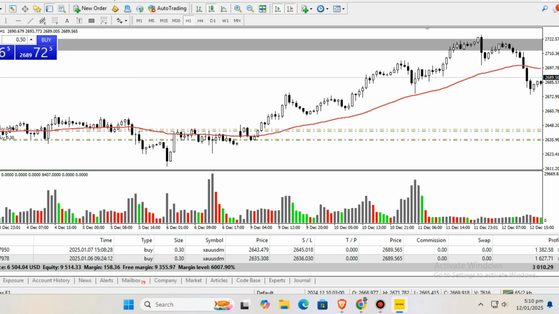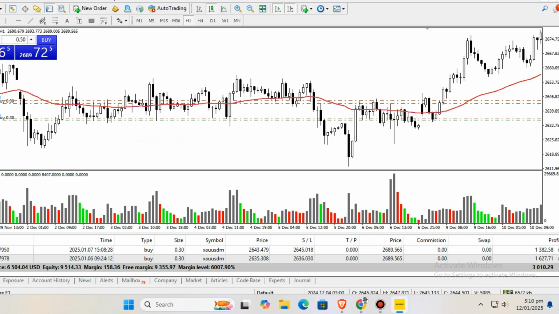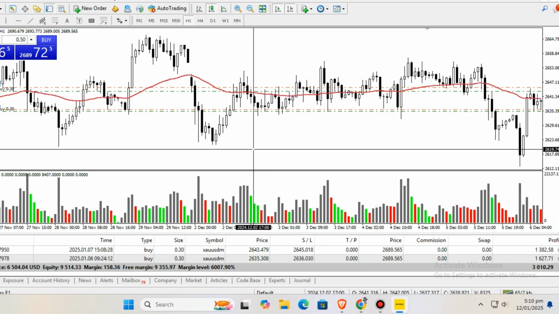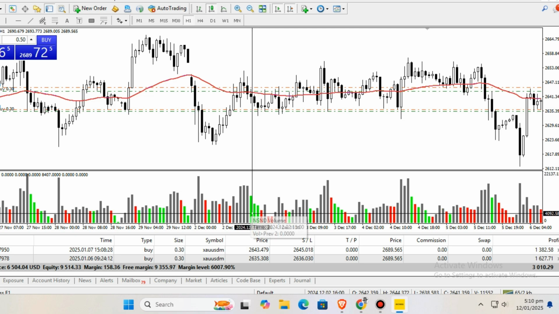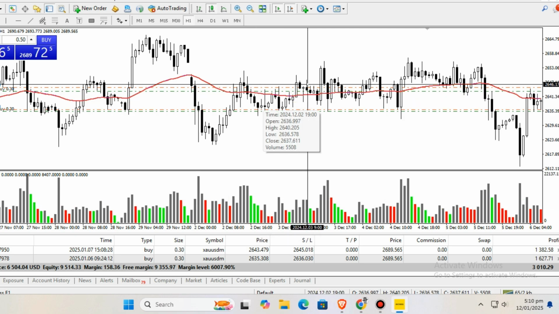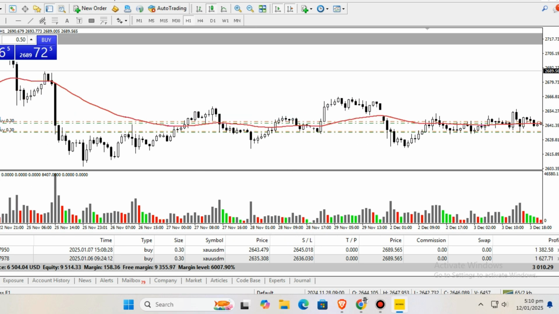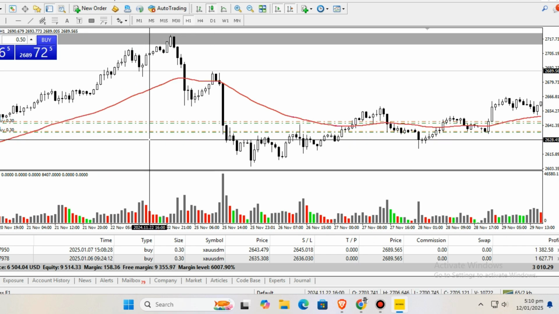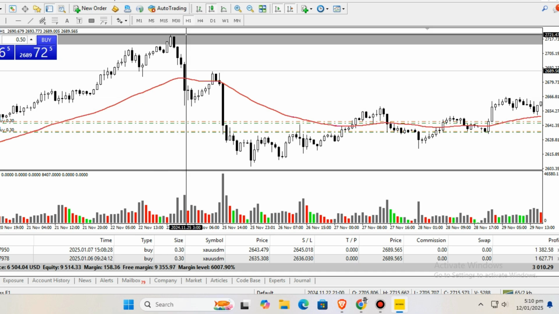If some people are giving them, they are charging thousands of dollars, but we are providing you with just a little price. Here you can see green candles form, green bars came, and the market suddenly moves upside. If you look closely, you can see red candles formed and the market suddenly moves downside.